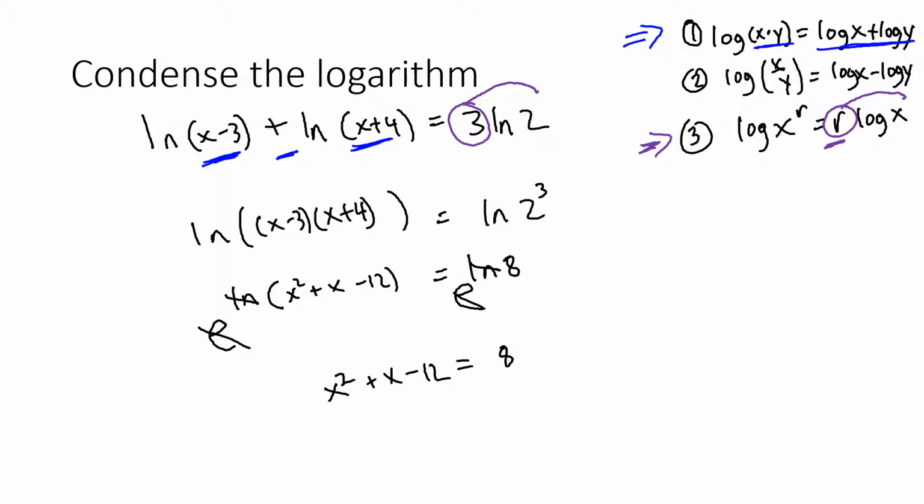So we'll leave that part for another day. But notice that the critical step here was to get all of this right here down to just one logarithm, or all of this right here down to just one logarithm. So that's one of the reasons why condensing is so important.